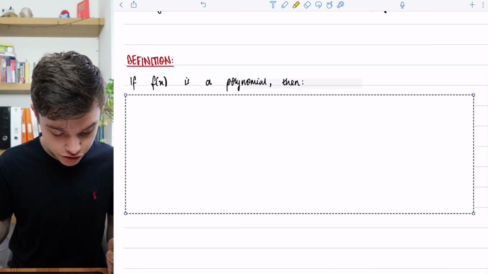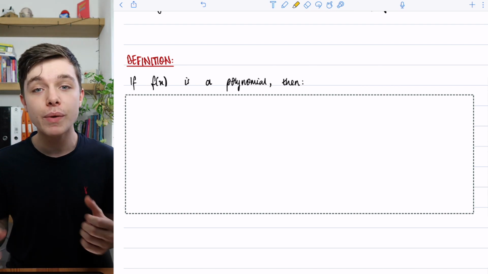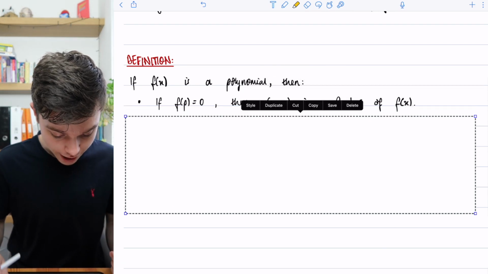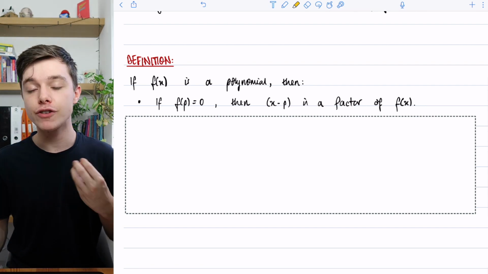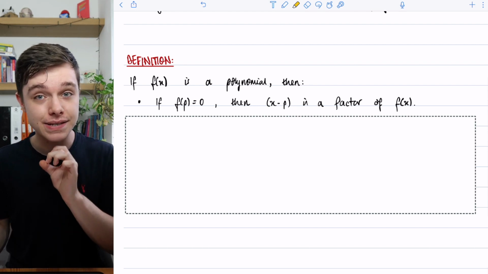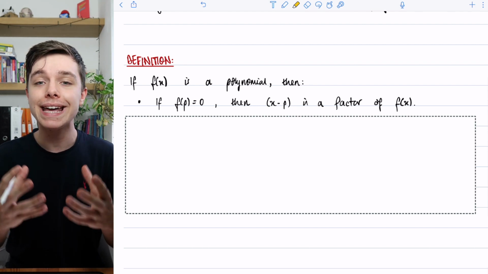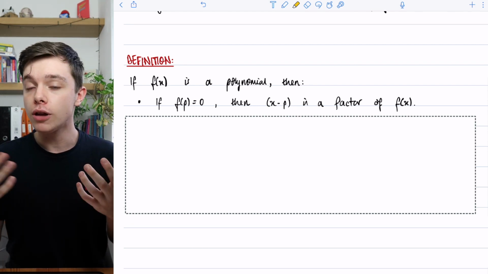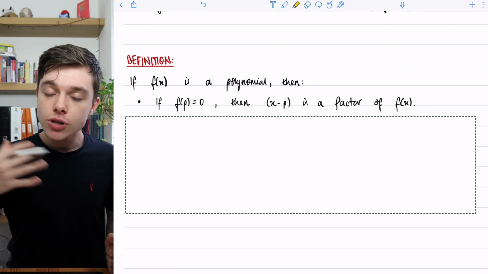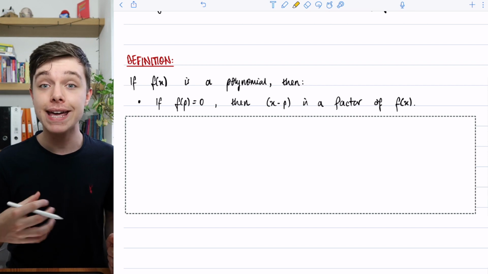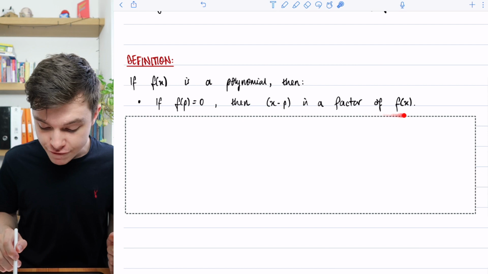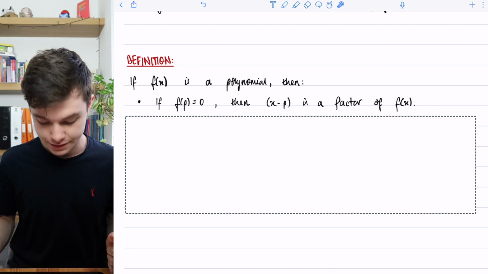Let's have a look. So if we have f of x and we say that is a polynomial, then this is true. If we have some constant p, and f of p is 0, so when we substitute p into our polynomial, being a quadratic or a cubic, if f of p is 0, then x minus p is a factor of f of x.